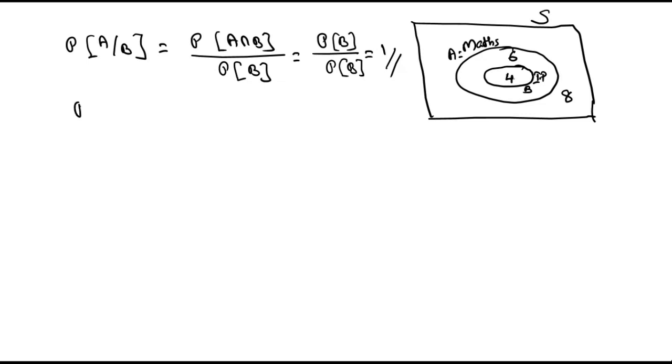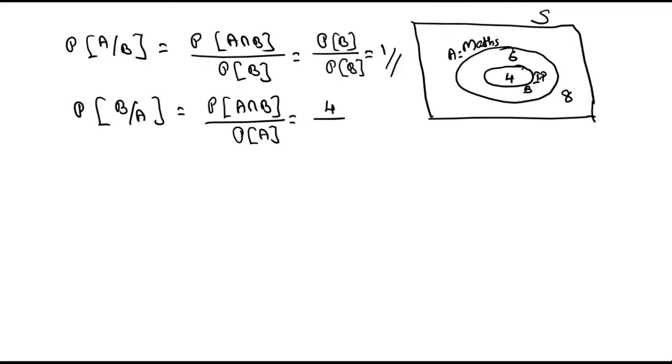Now suppose you want to find probability of B given A. Again, probability of A intersection B divided by probability of A. Here A intersection B is 4, and A is 6 plus 4, 10. So this is 2 by 5.